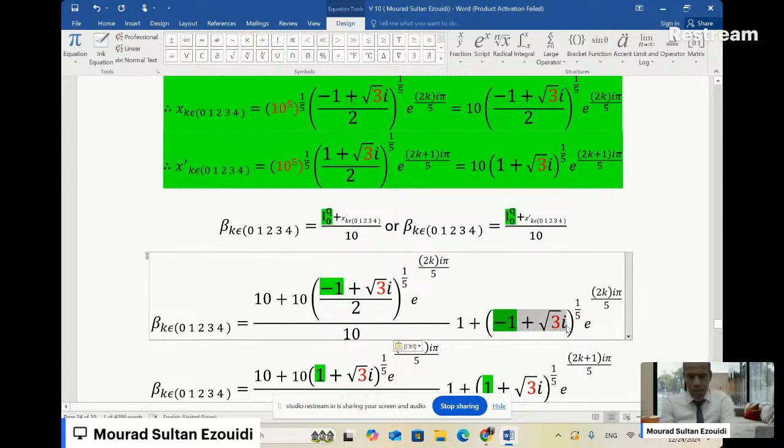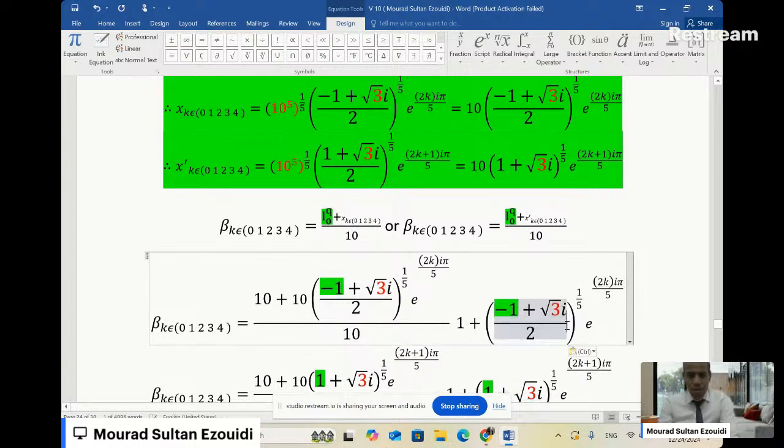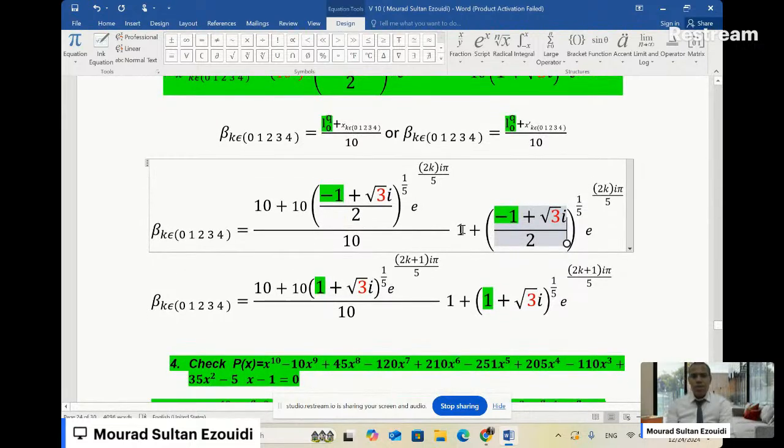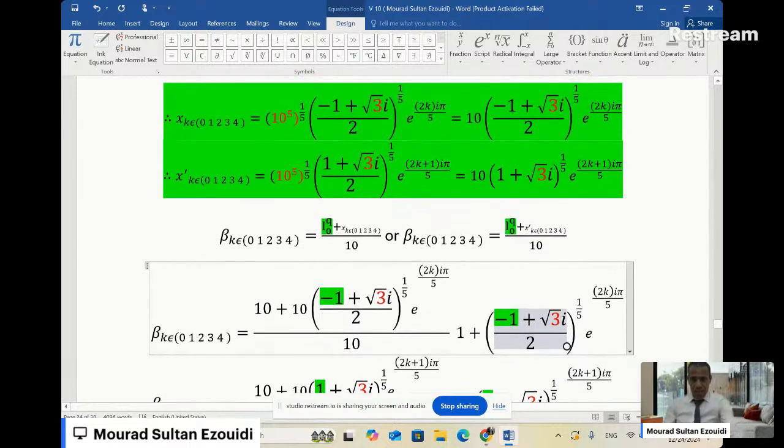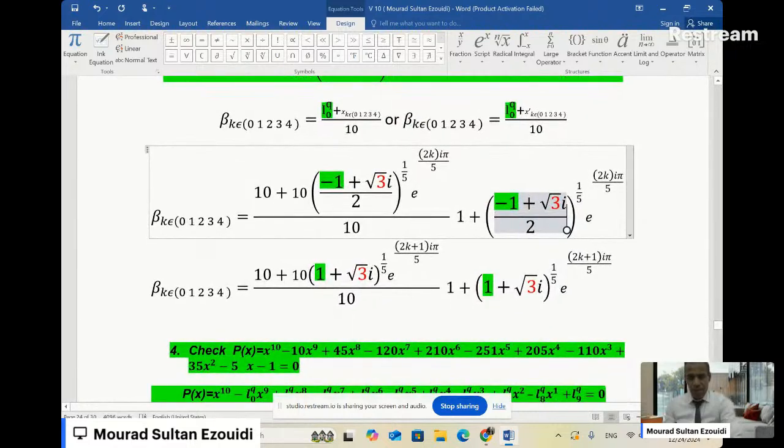These are the first fifth roots of my original 10th degree equation, which is equal to 1, simply because the formula is 0 for the q plus s subscript k. Okay, it will be 10 because the first root is 10. Why 10 here? Simply because 10 raised to the power 5, raised to the power 1 over 5, is 10. Okay, so I will write this here. So now I will just go to the next one. It will be like that.